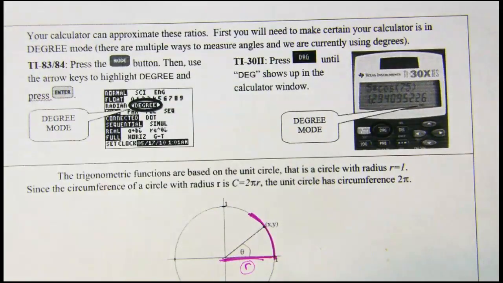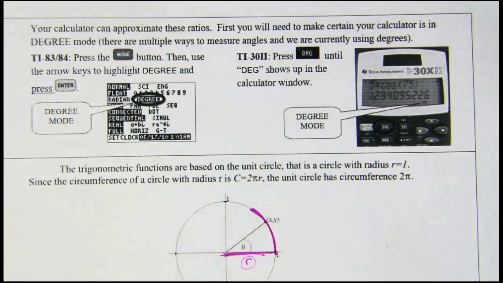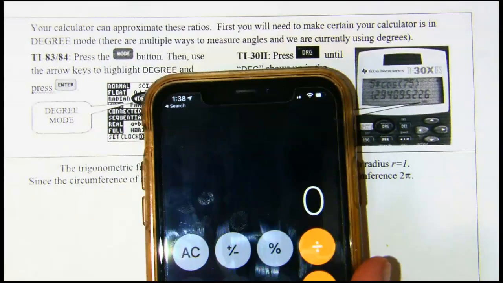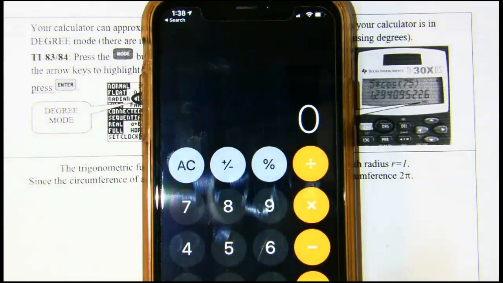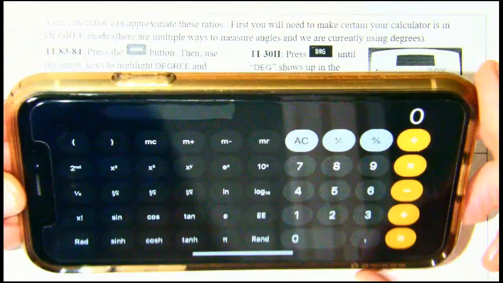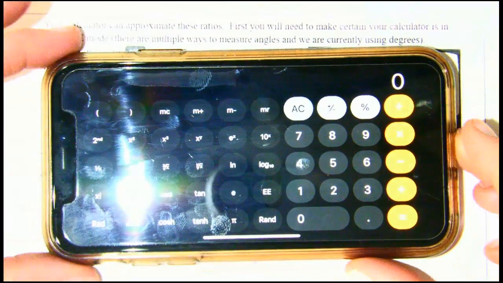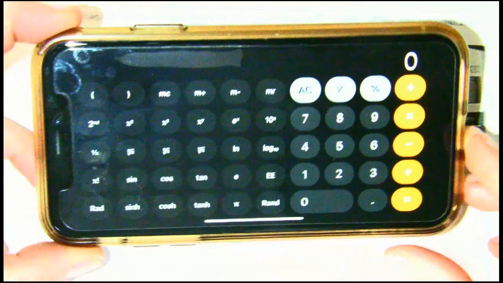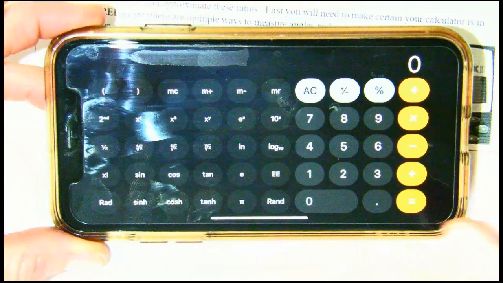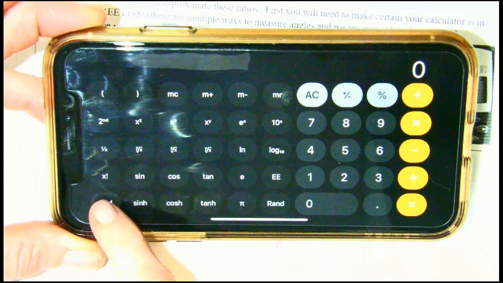Now, most people these days don't have the old scientific calculators just around. You all have your iPhone calculator or your Android. If I pull up the typical calculator on my phone, you're not going to see anything. But if I turn my phone sideways, I get this screen. My phone screen is very dirty at the moment. Here, this says radian.